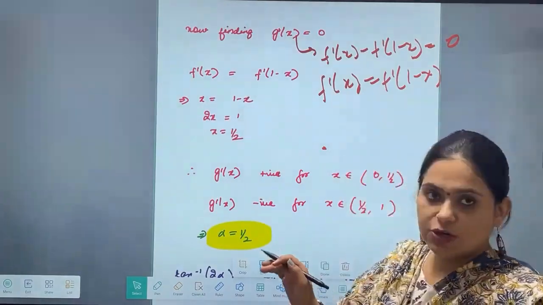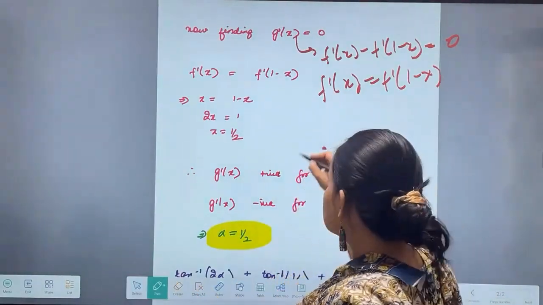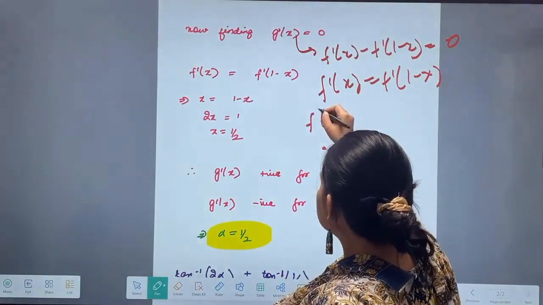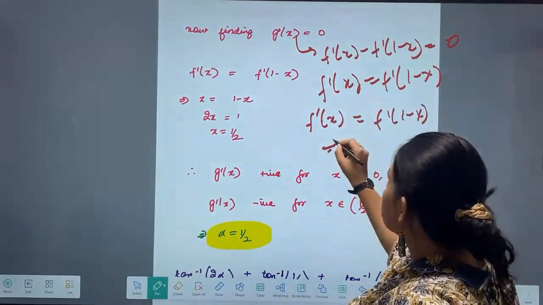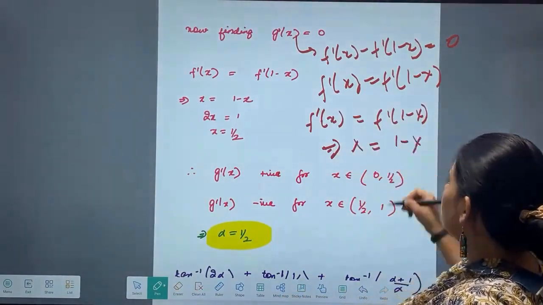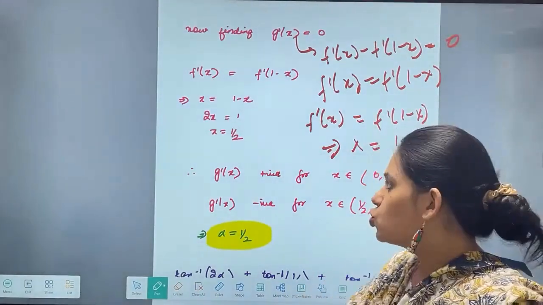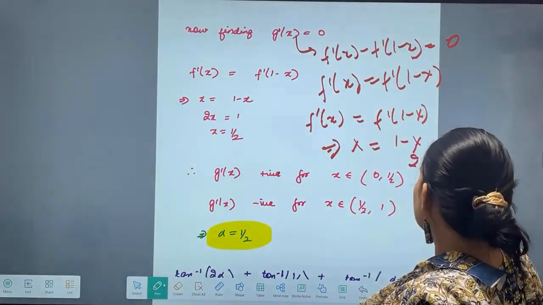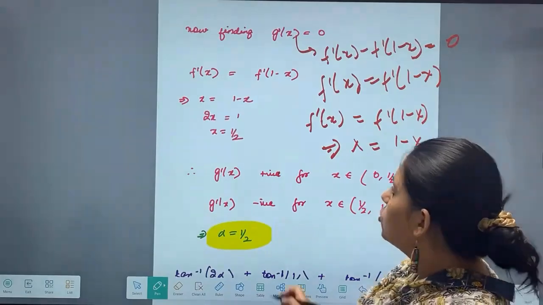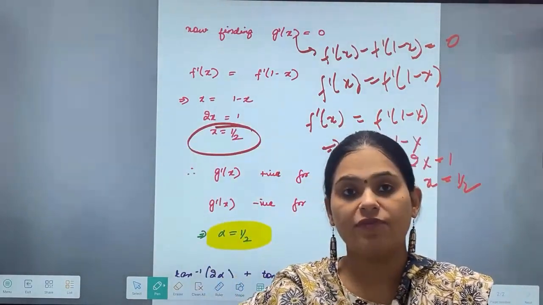So what is the property of one-to-one functions? That if f dash x is equal to f dash 1 minus x, this implies that x is equal to 1 minus x. हुआ ना? So if x is equal to 1 minus x, beta 2x is equal to 1, x will be half. So the value of x comes down as half.